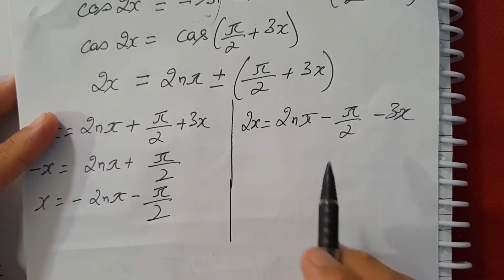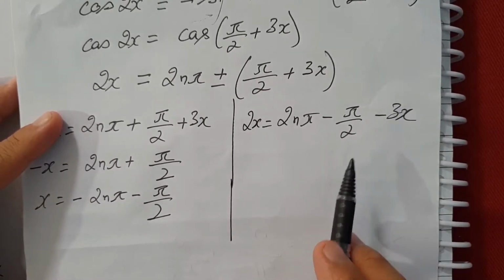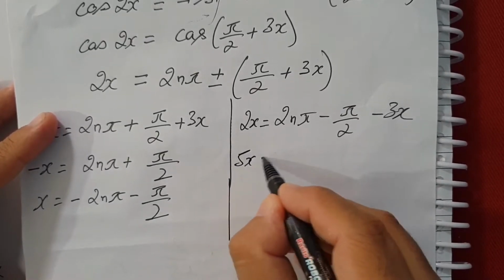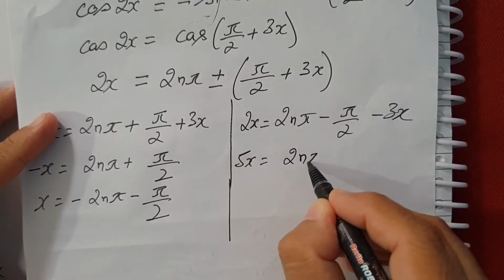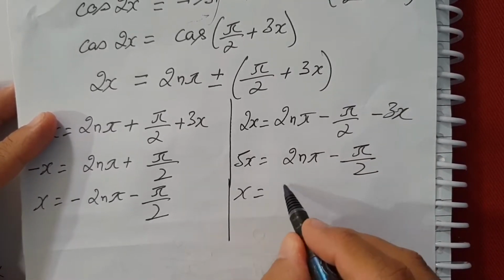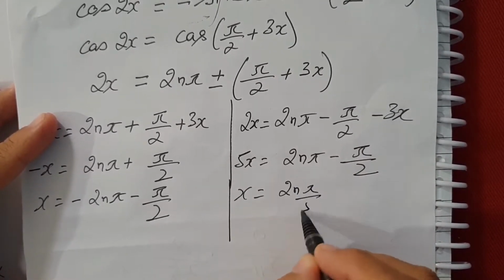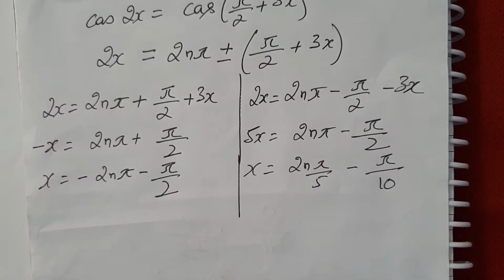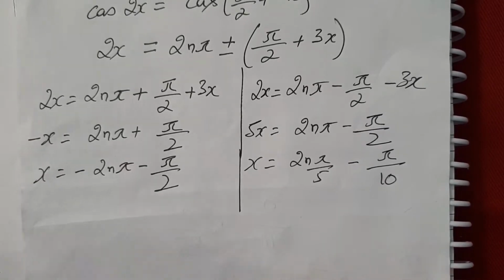Now for the second part, this is minus 3x, so if you take it that side, this will be 5x. 5x equals 2n pi minus pi by 2, but we have to find x. So x is 2n pi by 5 minus pi by 10. Hence these two are the solutions where n belongs to integers.